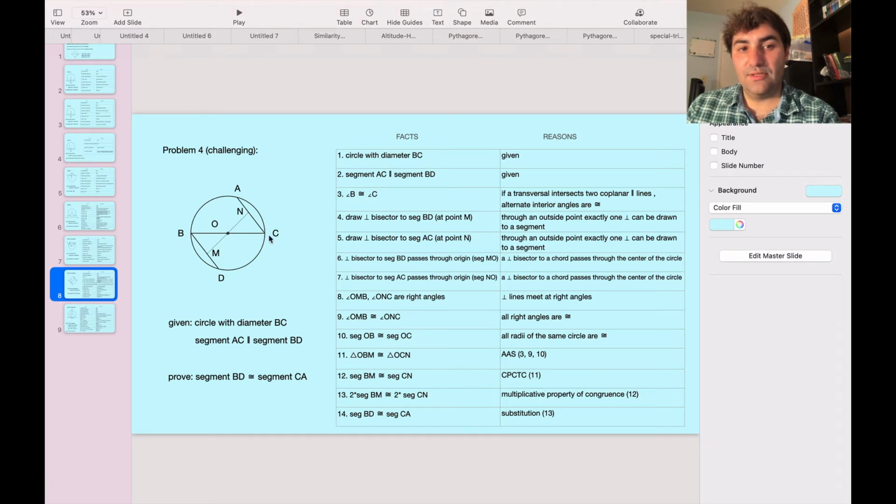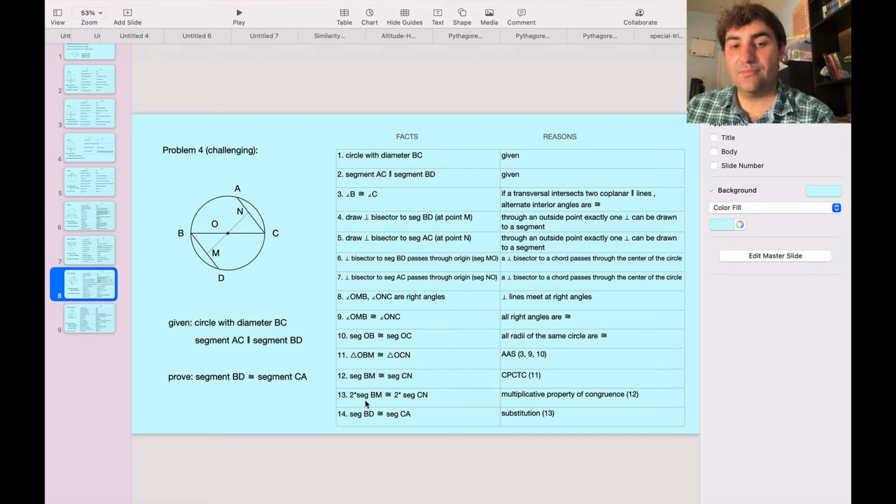We can use the fact that we're dealing with a perpendicular bisector, right? So the length of BM is going to be what? Half of BD, right? And the length of CN is going to be 1/2 of the length of AC, right? Because to bisect is to split into two congruent parts, right?